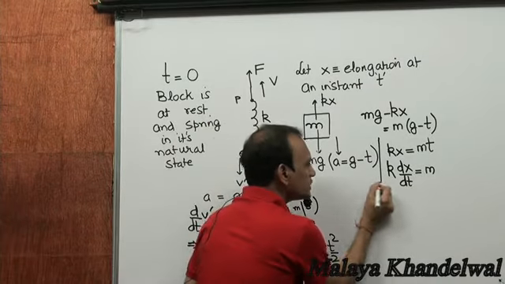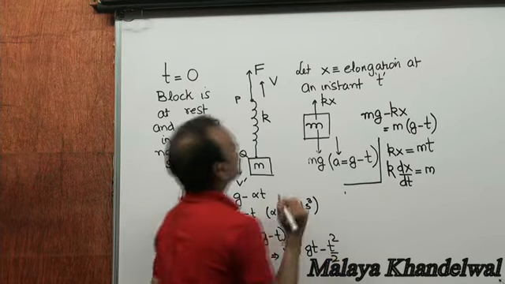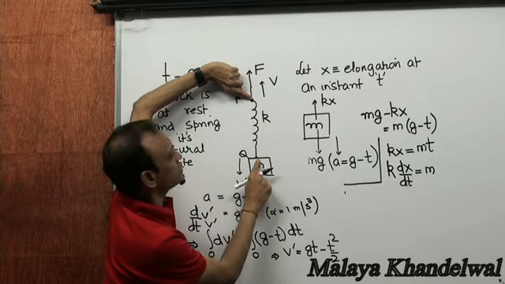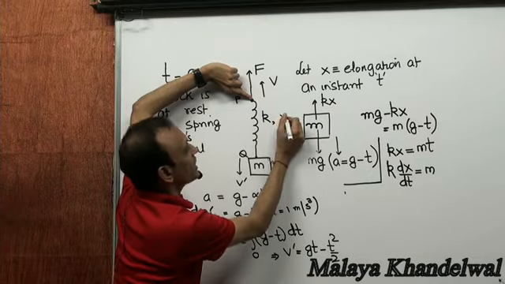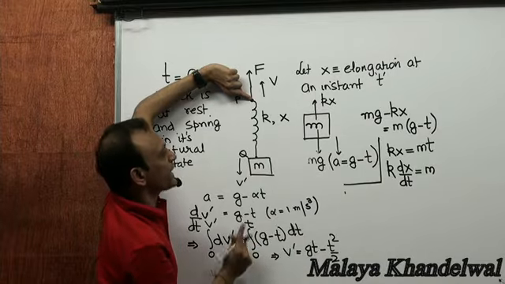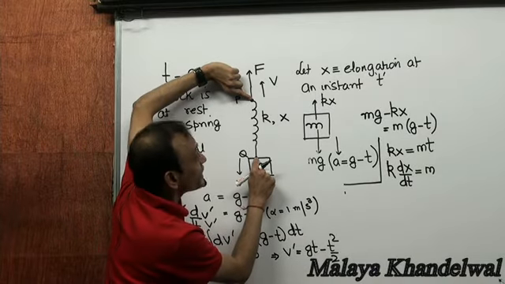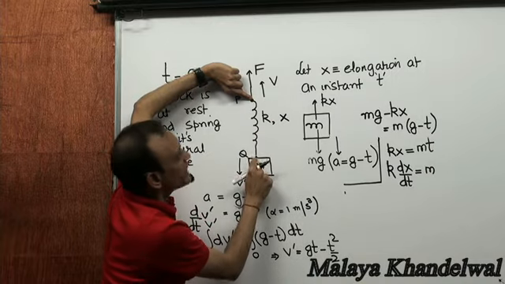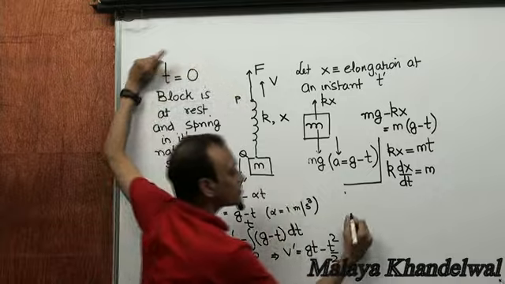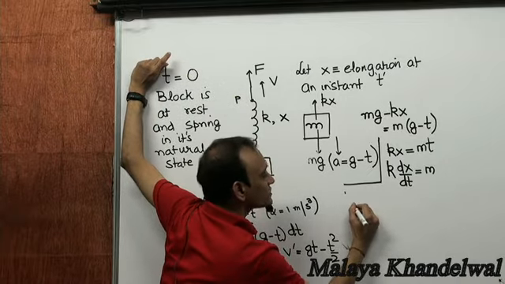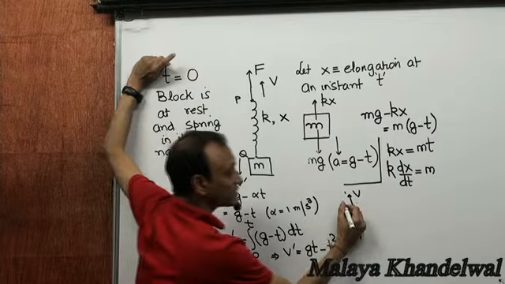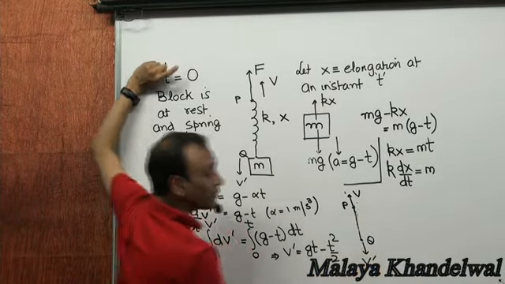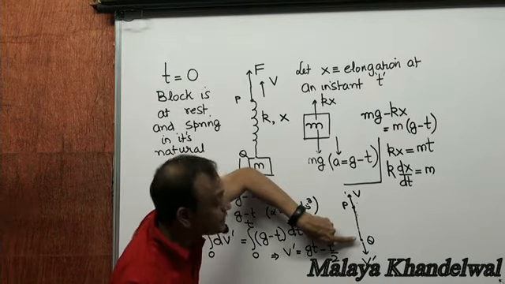Good. Now, this is an instant of time t and the spring of force constant k has already received an elongation x. The rate at which elongation changes would be the relative velocity between P and Q. If this is P, which has an upward velocity V, which is what we are seeking to find, and this is Q, which has a downward velocity V prime, what is the relative velocity between P and Q?